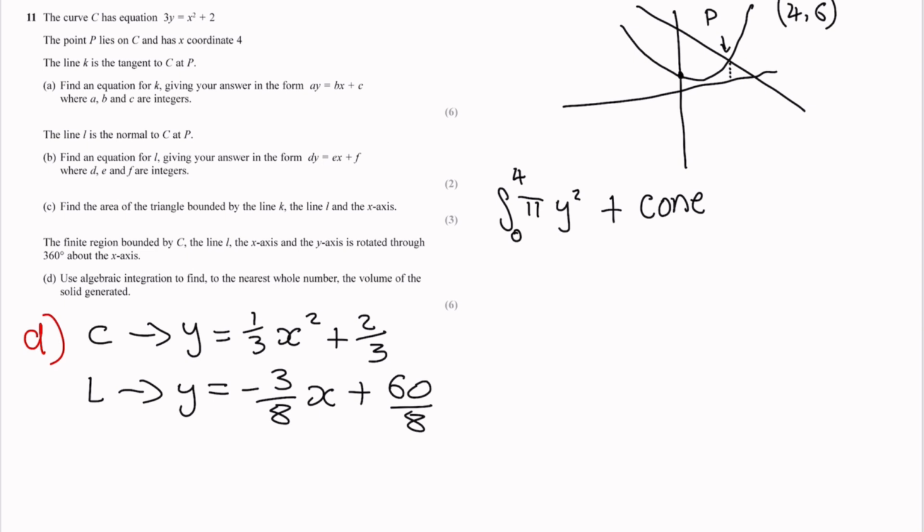So let's start with integrating between 0 and 4. Take pi out because that's a constant. Y squared.